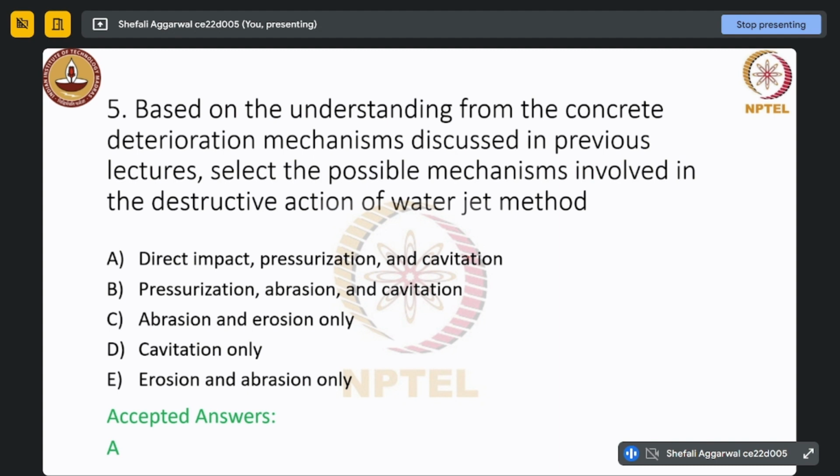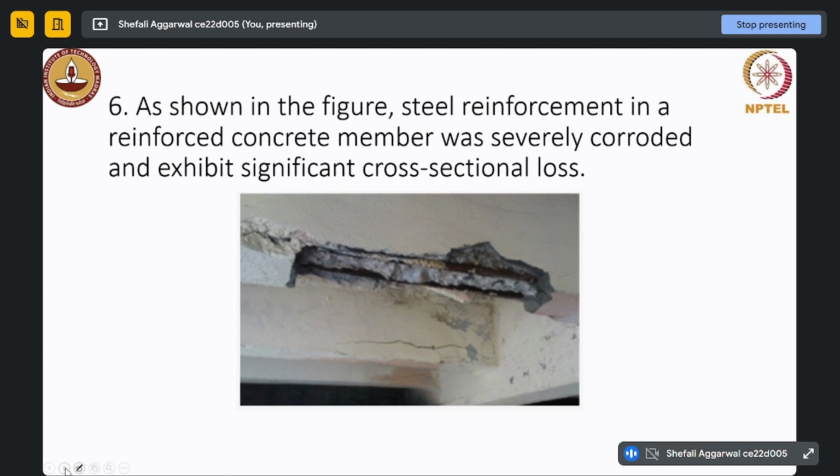Only the point at which the water is forced upon will have concrete removed from that surface, so it will cause cavitation. Is the question clear to everyone? Yes, ma'am. Okay.